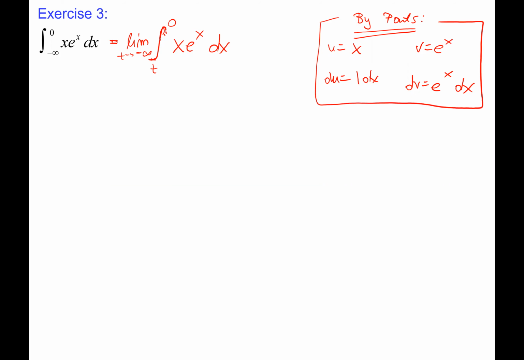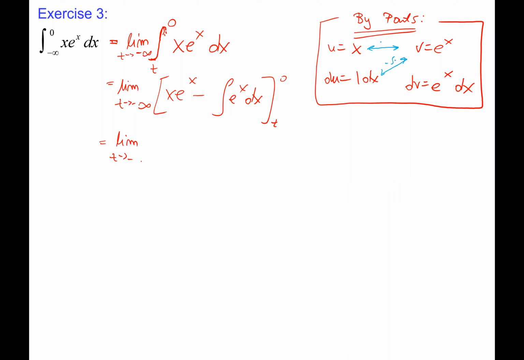And we do remember the formula, u times v minus the integral of v du. I will carry on with my limit because that's important. Then my integral is x e to the x minus the integral of e to the x dx, from t to 0.